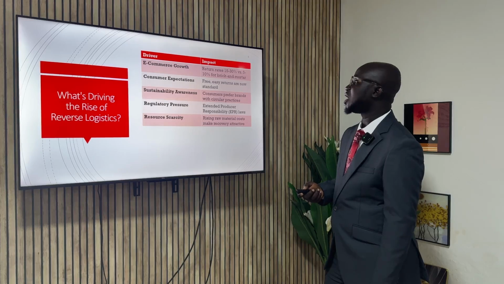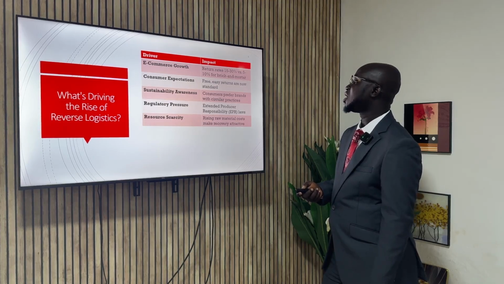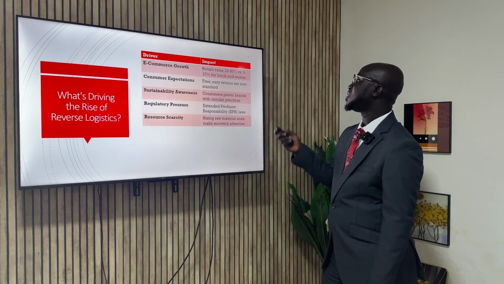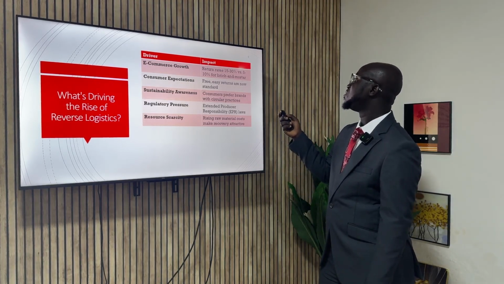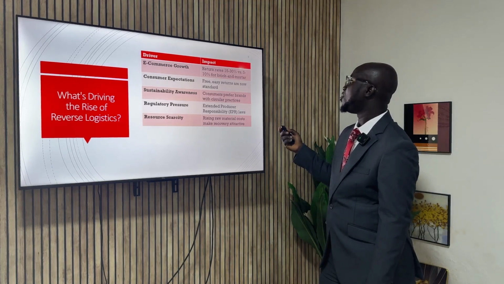If you look at e-commerce, the return rate is between 15 to 30% versus 5 to 10% for brick and mortar.